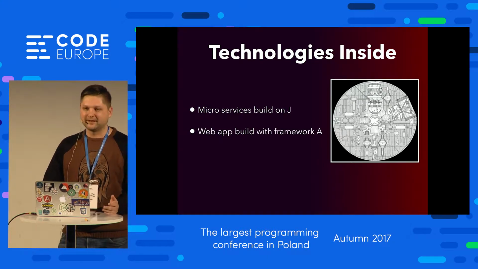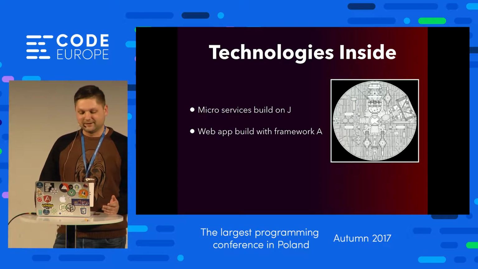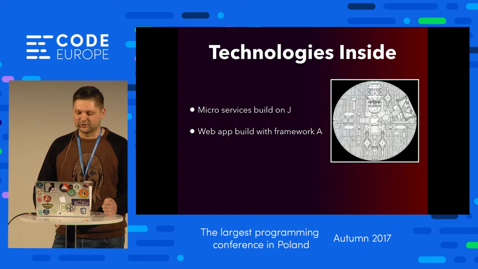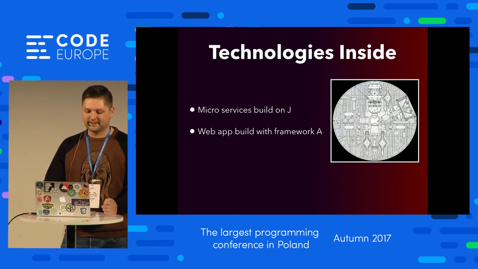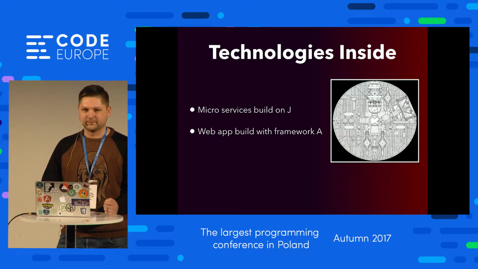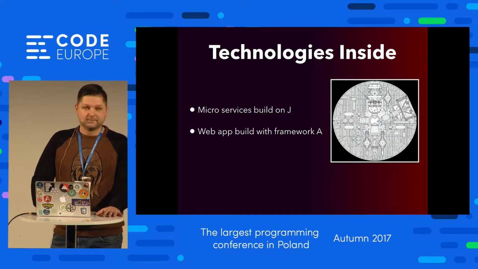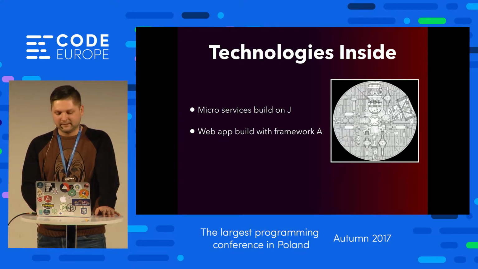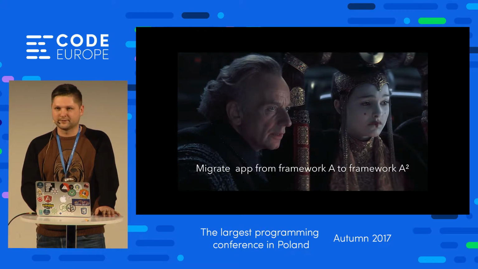Technologies inside were microservices built on Big J, our old Ute for enterprise applications, and on the client side, a web application built on top of Framework A. While time was going, they built a bunch of components and instruments based on the current front-end framework, and for the end user, the whole application feels like a solid one.